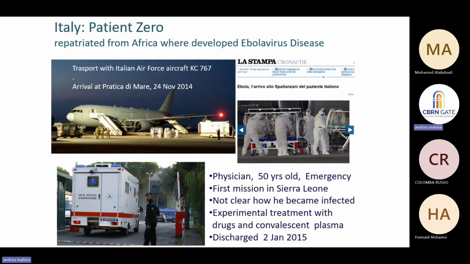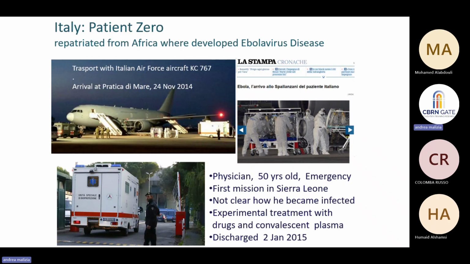In this situation, an Air Force aircraft started from Pratica di Mare and arrived in Sierra Leone, boarded the patient and came back to Italy, arrived in Pratica di Mare, and with an ambulance arrived in Spallanzani.